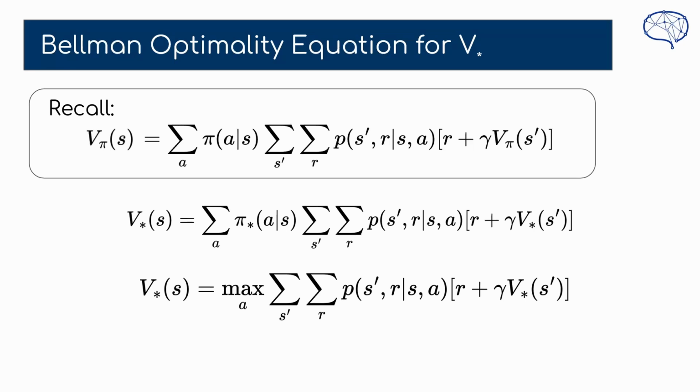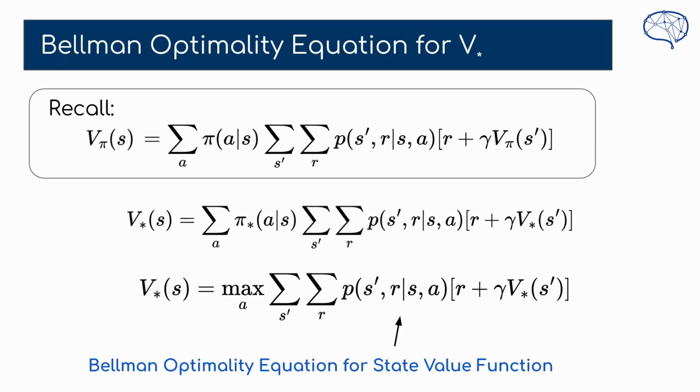That's what this max A is doing here. You're iterating over all of your actions going from that state, and you're just picking the action that will give you the highest value. And yeah, that's your Bellman optimality equation for state value functions. Are there any questions?